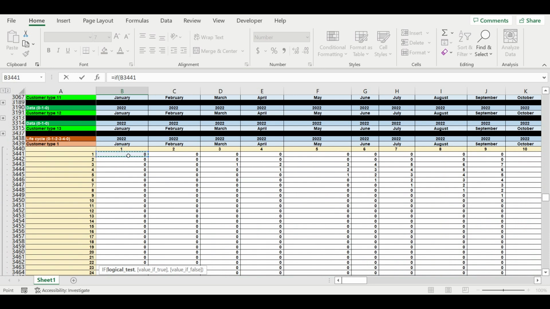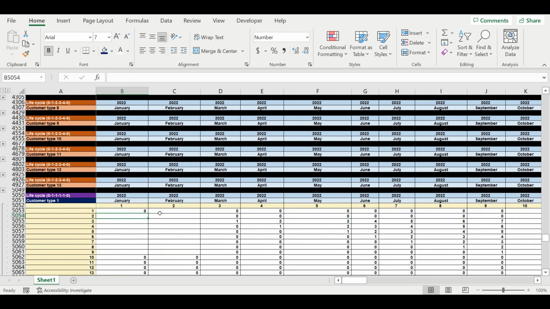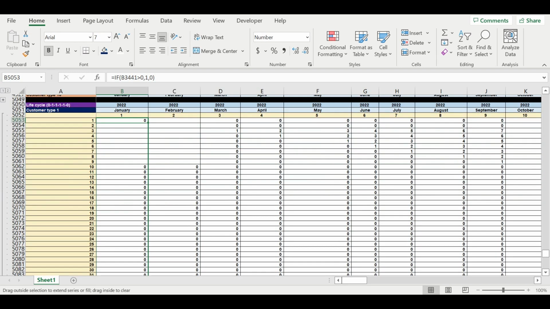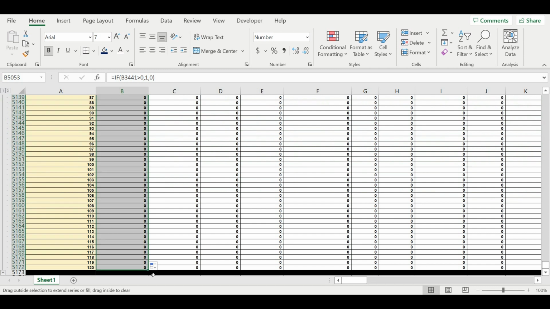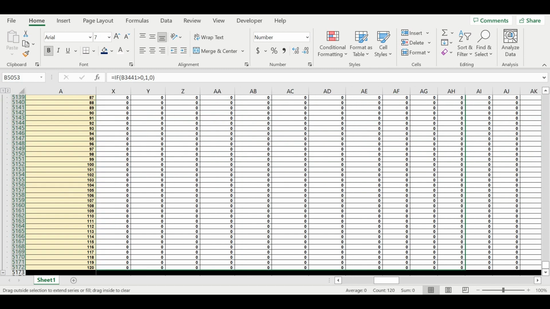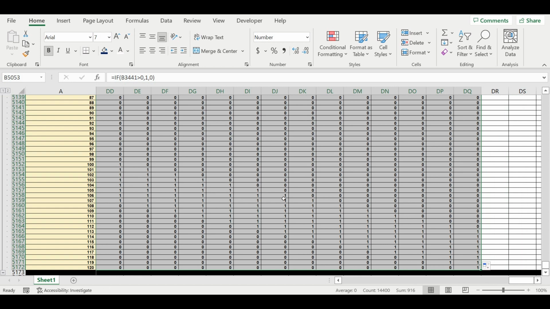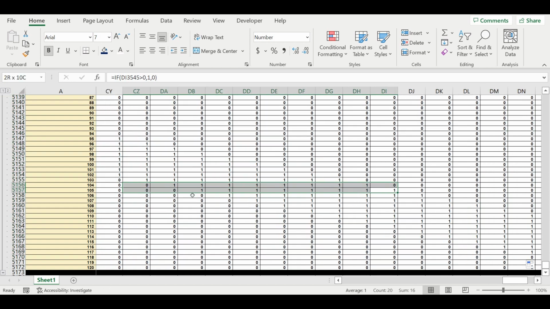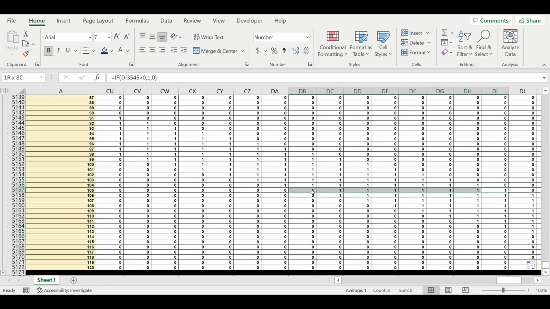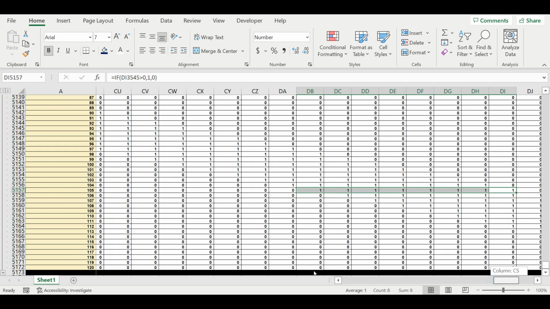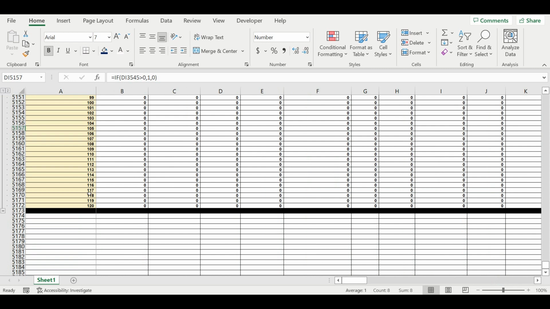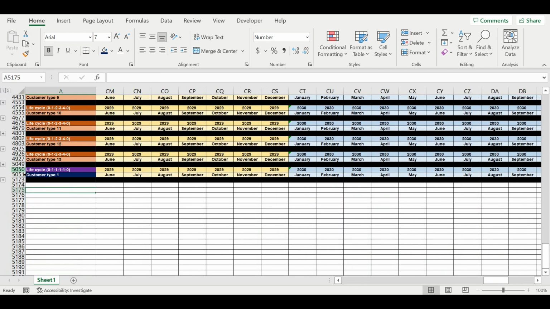If this value is more than 0, then we place 1, otherwise 0. So 1 means that we have a life cycle at this moment, 0 means that we don't have it at this moment. And then we create the same table for each type of customer.